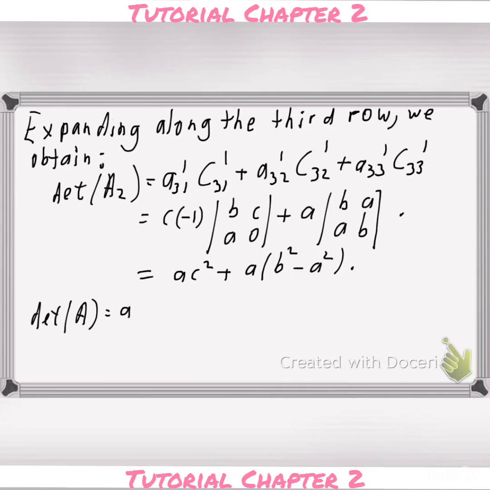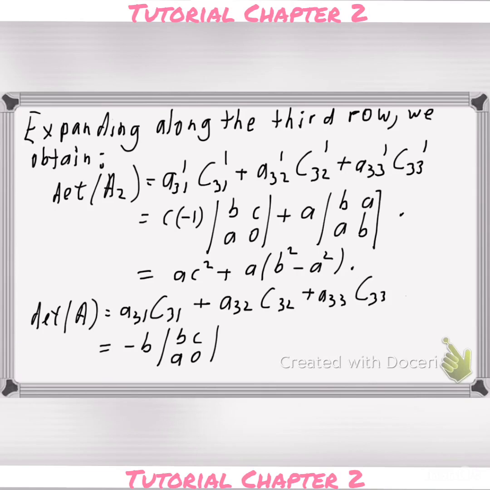So again, your cofactor expansion looks like that, right? Plus A32 C32 plus A33 C33, and that is going to be minus B multiplied by the determinant of BC, A0, okay, plus A multiplied by the determinant of B0AC.